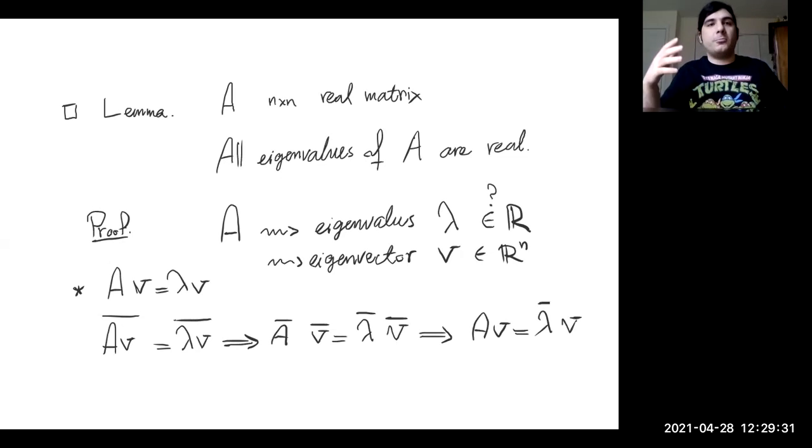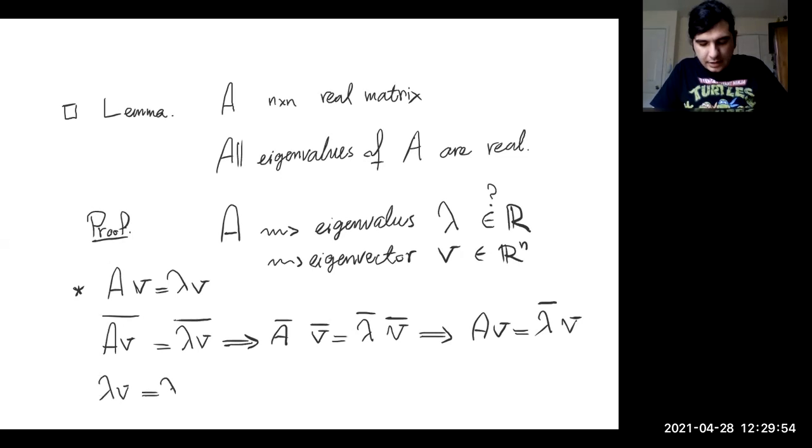The only thing which might be different is lambda, because we are not sure if that is real or not, right? Now, therefore, what do we have? Therefore, lambda v is equal to lambda bar v, right?